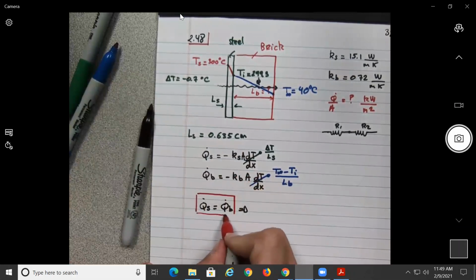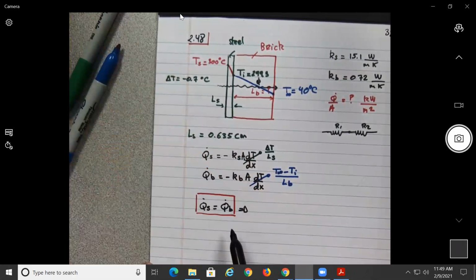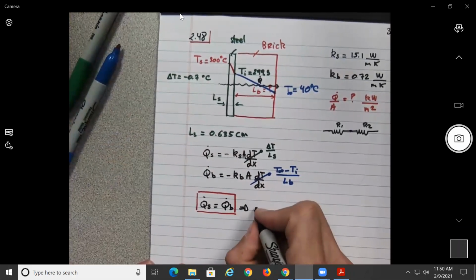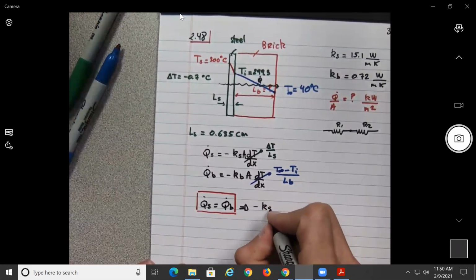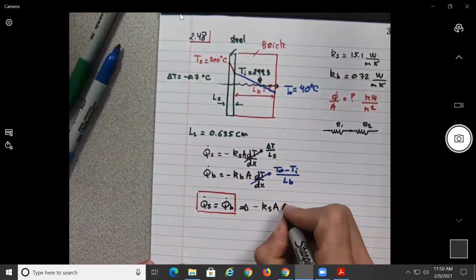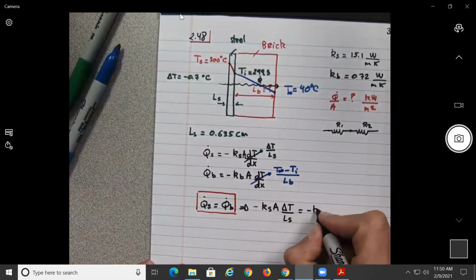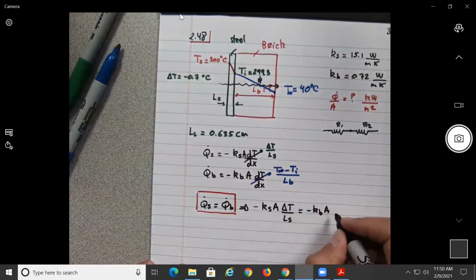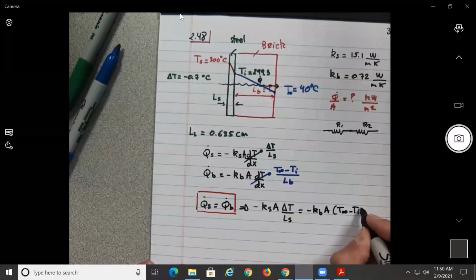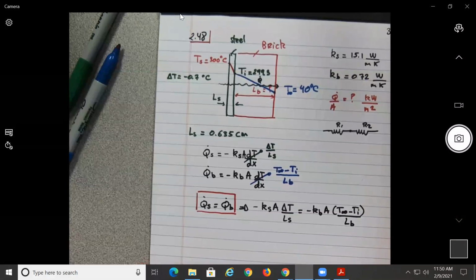I'll be looking for this equation, because this is the one that shows me you understand the problem. And now you can just rewrite: minus k_S A delta T over L_S equals minus k_B A, T infinity minus T initial, over L sub B.